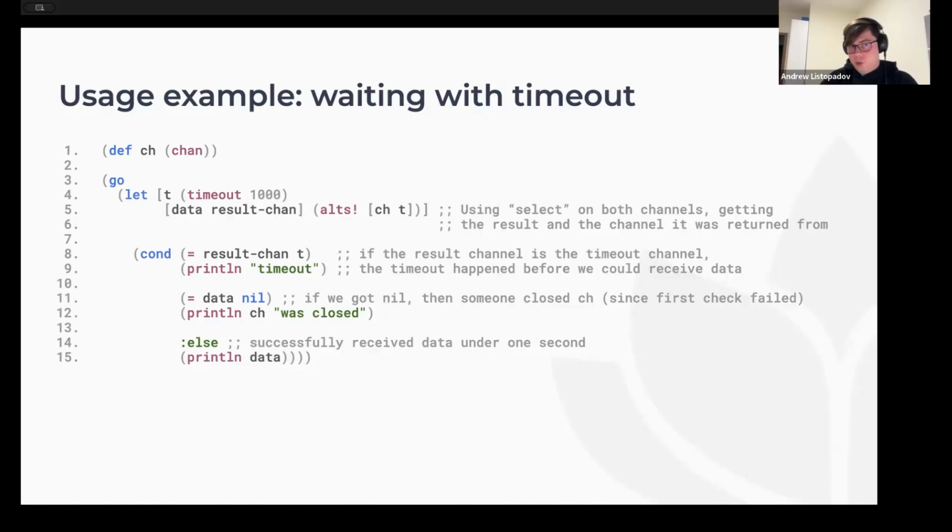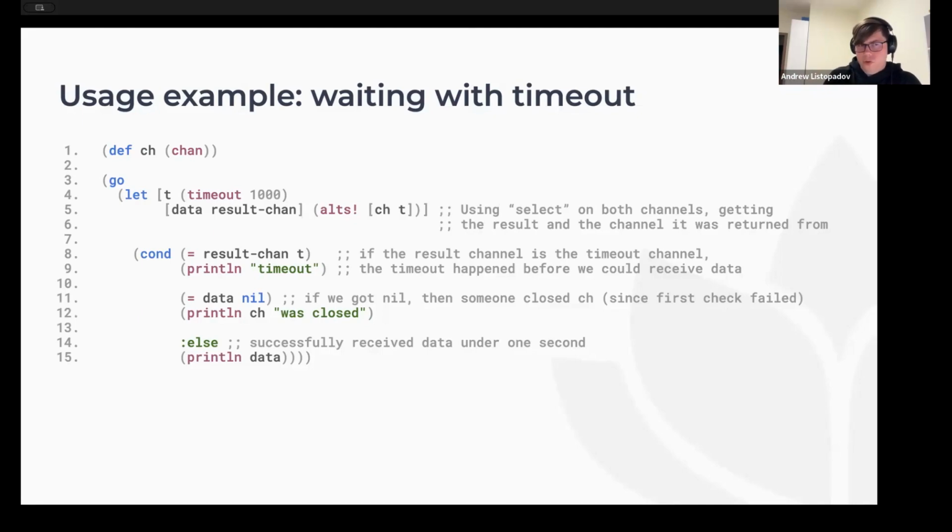And it's great. In this particular example, we have two channels. Both of these channels will receive the same callback, and this go block will be parked in this callback. It's the same kind of callback as I showed earlier. This state machine will be in this callback. And we have a timeout channel and a regular channel. Alts knows which channel's callback was called, so it returns the channel it received from and the data from that channel, and we can check if this channel was a timeout channel or not.